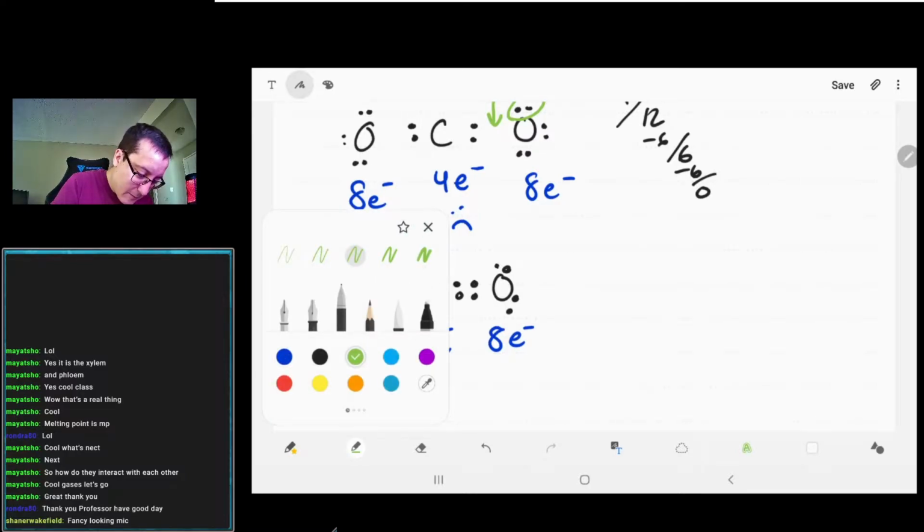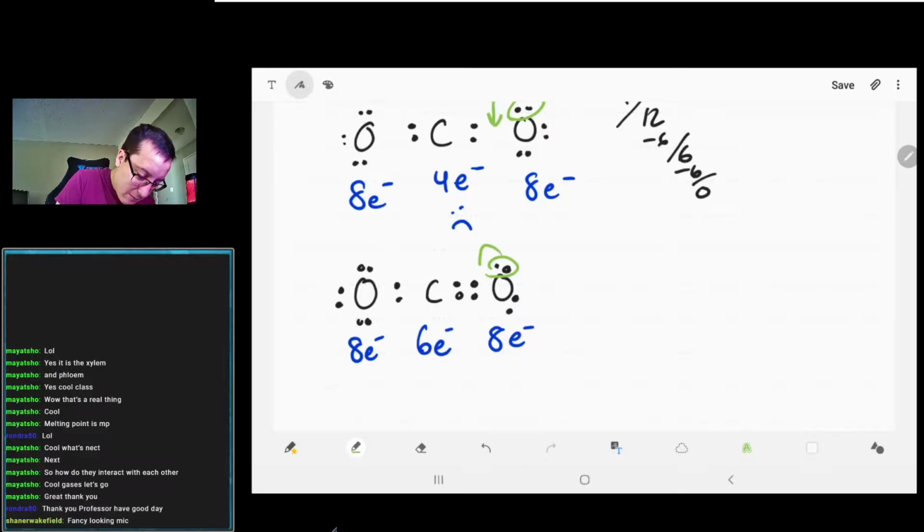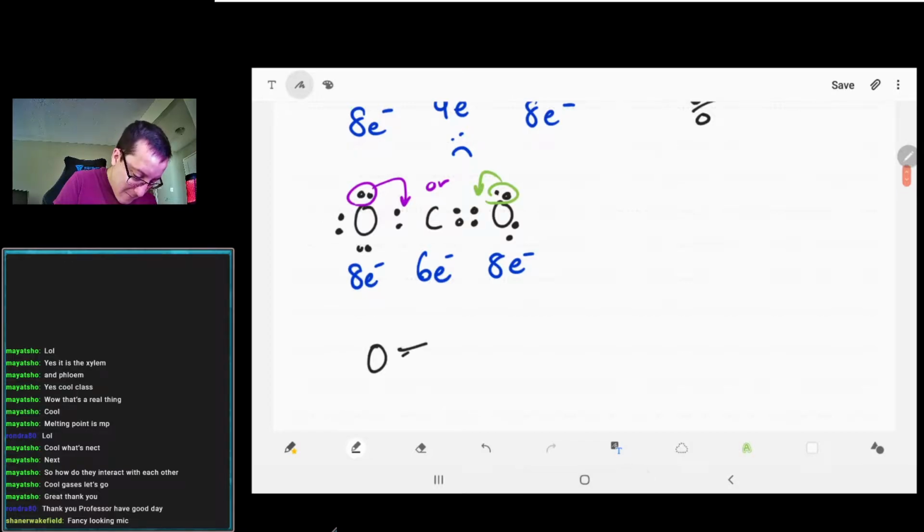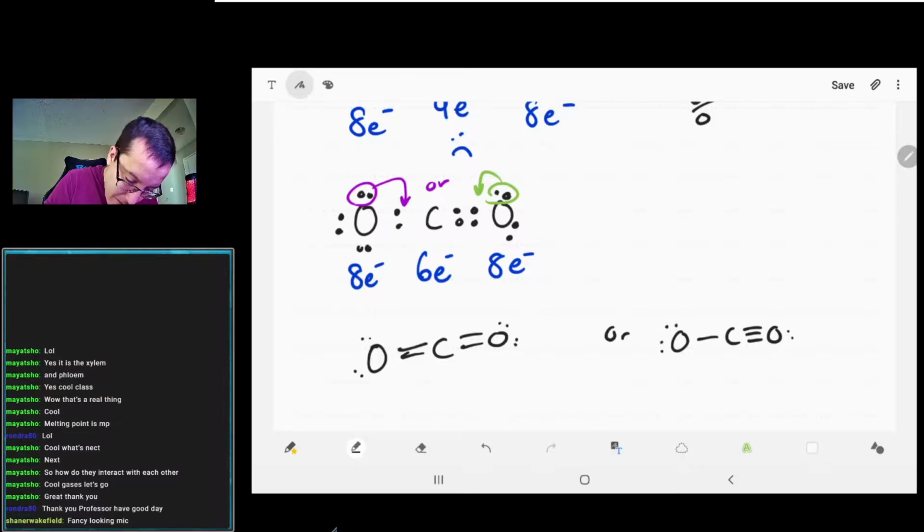And so we could plop that one in, or we could plop this one in. One of those two. The structures that you get would be this, or that. And so we are going to learn now how to pick between them.